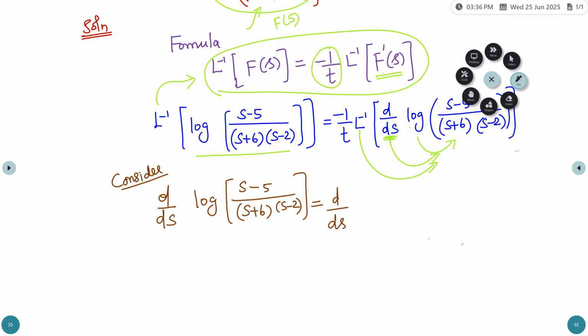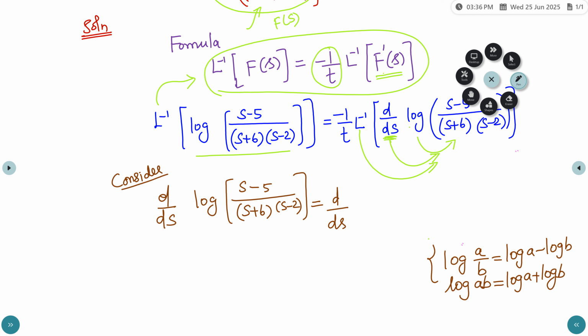Then, what is the formula for log a by b? Log of a by b equals log a minus log b. At the same time, log of a b equals log a plus log b. This formula is familiar. We are applying these two formulas in this step.